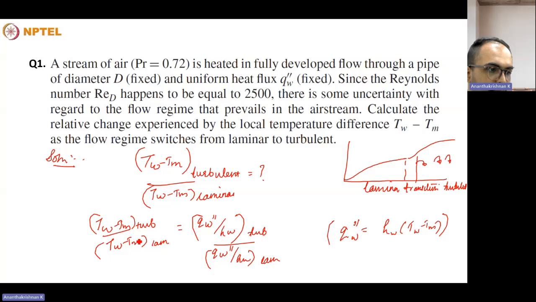The ratio will be the inverse of the heat transfer coefficient, not the heat flux. I beg your pardon. So it will be h wall laminar divided by h wall turbulent. This is straightforward. The laminar heat transfer coefficient is less than that of the turbulent heat transfer coefficient, and because of that, this ratio will be less than 1. Now we convert this heat transfer coefficient in terms of Nusselt number, so that we can directly use the standard correlations that are experimentally, empirically or analytically determined.